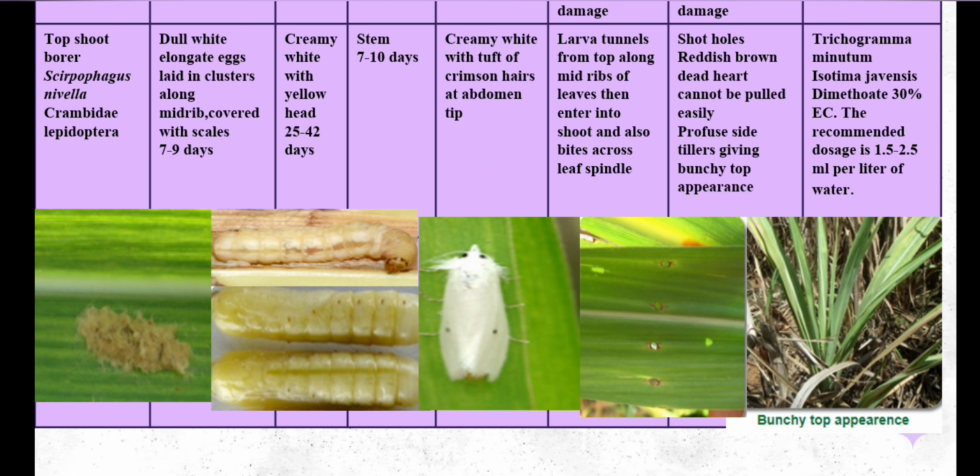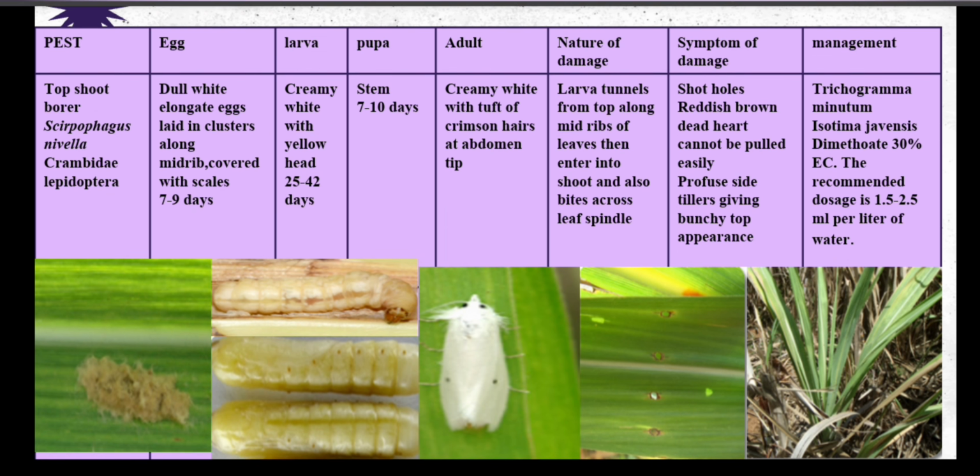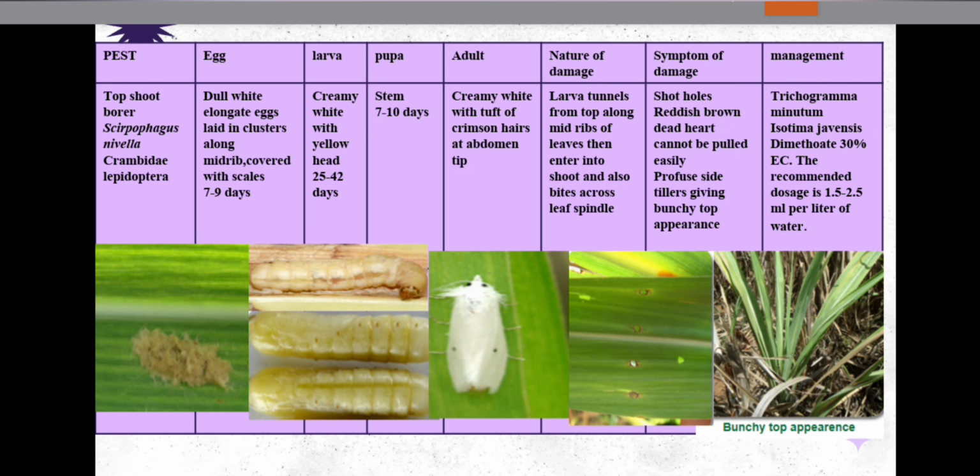After removing, if you open the paper, you will see a series of holes. In the same way, here also you will see the series of holes or short holes. This is the first symptom of damage. Here you can see these short holes as the larva is boring into the leaf spindle.